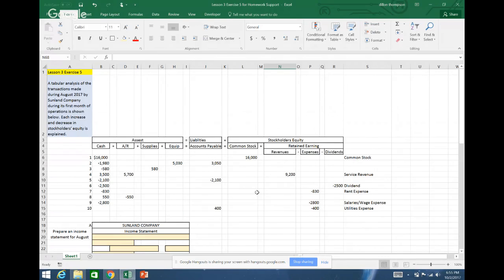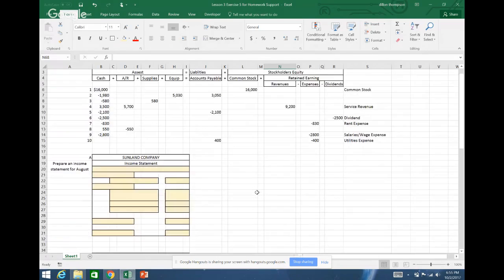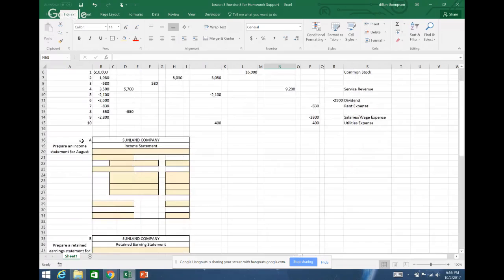So the first one that they want us to go through for portion A of this problem is an income statement. All of these areas that are yellowish gold, we're going to be filling in as we go along through this problem. For an income statement, since it is a period of time, we will be putting in for the month ended August 31st, 2017.